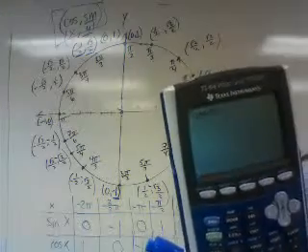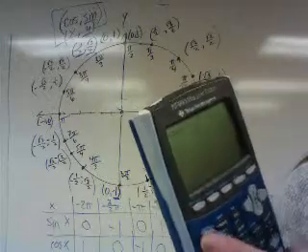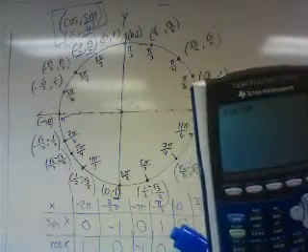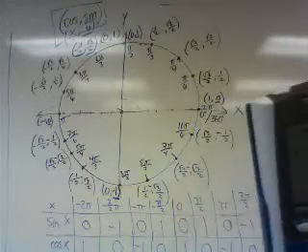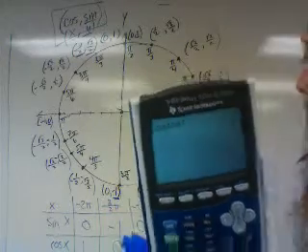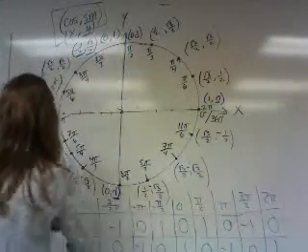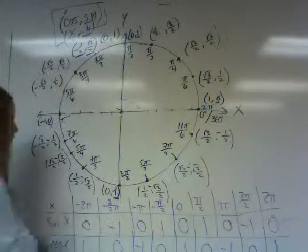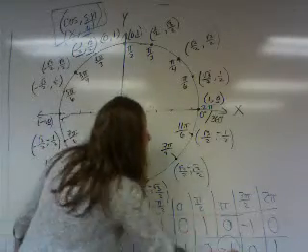So let's try cosine pi. Hit enter. It'll give you -1. Is that what we got? Cosine of pi, we got -1.